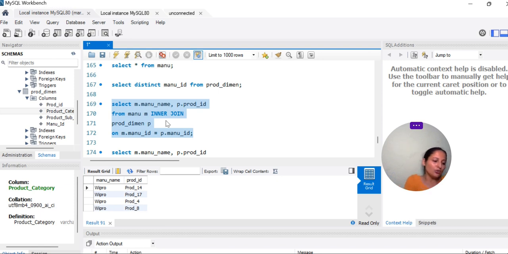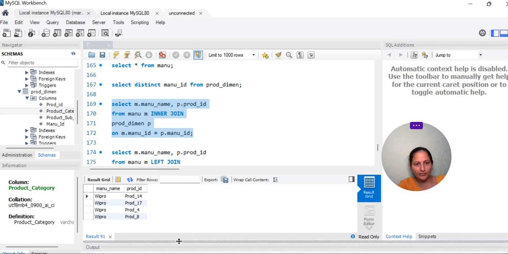One thing to note is that in this particular output, you are not seeing Furlenco anywhere, and you are not seeing Navneet. Why are you not seeing Furlenco? Because that particular manufacturer doesn't supply any product here.